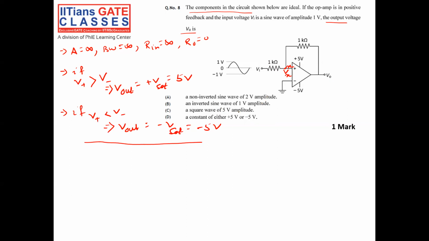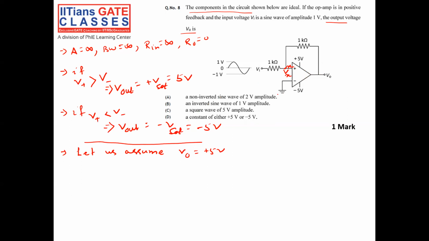You can assume anything. So let us assume, after switching on, that V0 is equal to plus 5 volt.